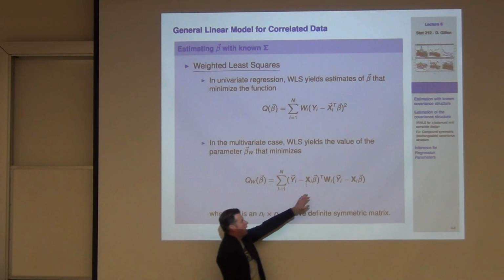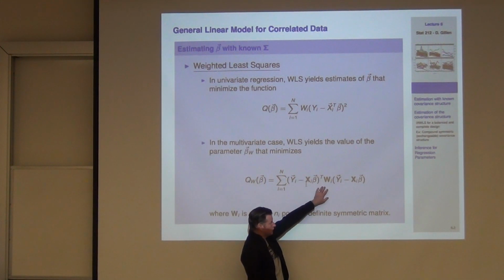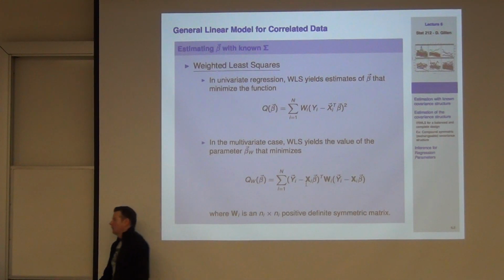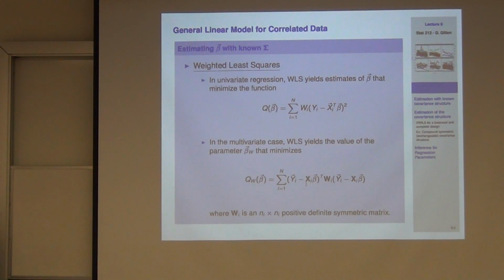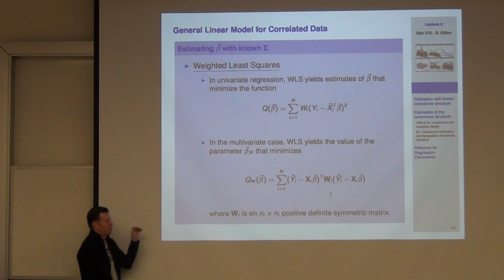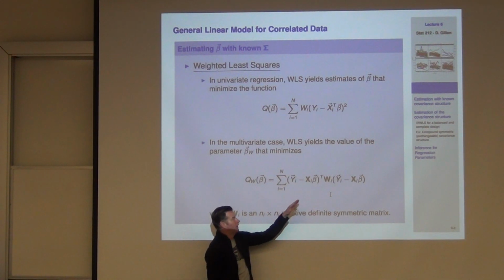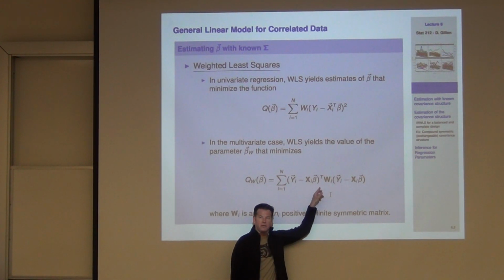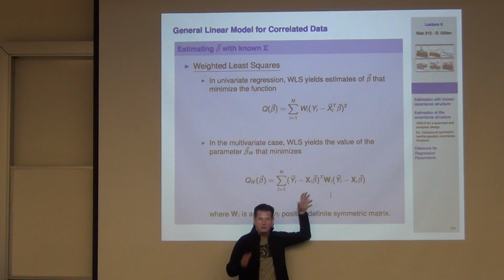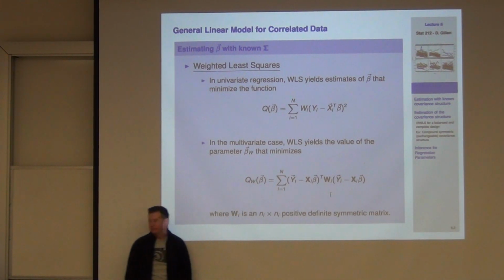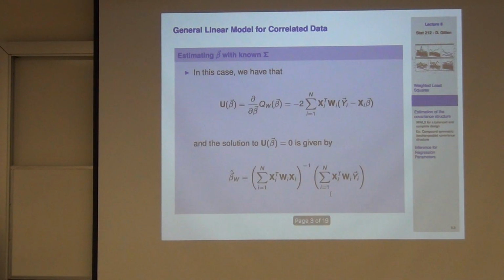Then I've got wi, which is now my weighting matrix, times yi minus xi beta. So again, an exact analogy to what we've done before. We want to take wi to be some positive definite symmetric matrix. And again, ideally what we want to take it to be is sigma i inverse, capital sigma i.